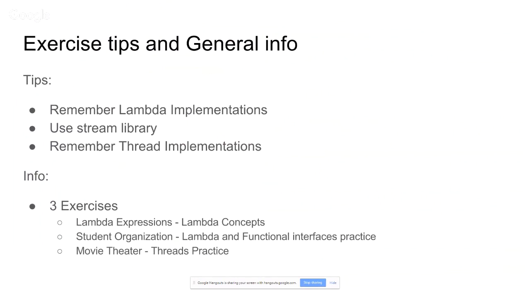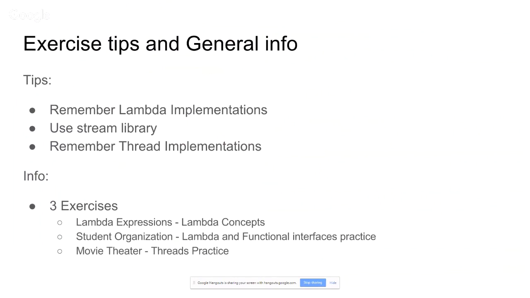I recommend you also use the stream library because, as you can see, you can do more with less. And remember the thread implementation: you can use a Runnable functional interface, create a run method for a thread, and then execute it.